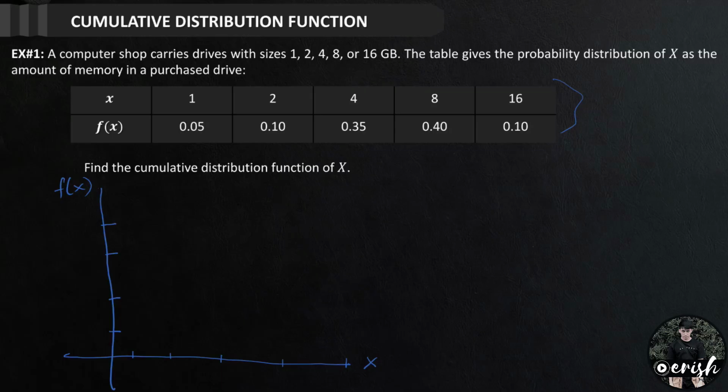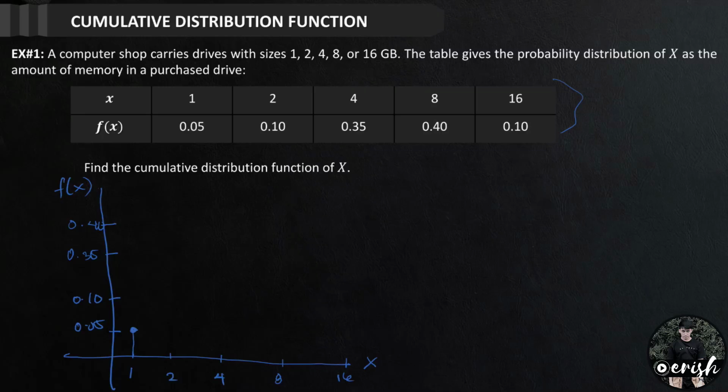Kung gagawin natin yung line graph, sulat muna natin, this is 1, 2, 4, 8, and 16. Ito naman yung 0.05, 0.10, 0.35, and 0.40. Kung gagawin natin yung line graph or yung probability mass function plot, maglagay lang tayo ng dot dito. Pwedeng broken line or straight line. Papunta dyan.